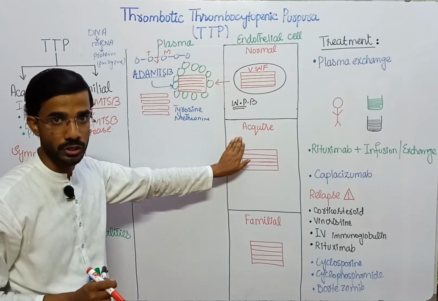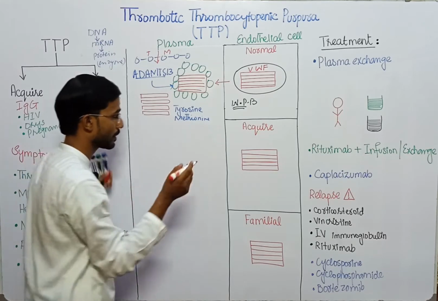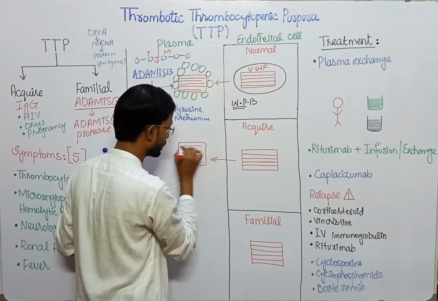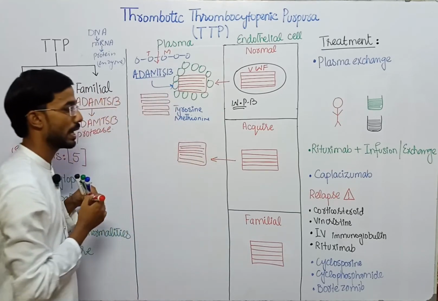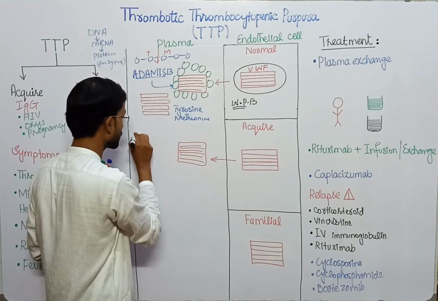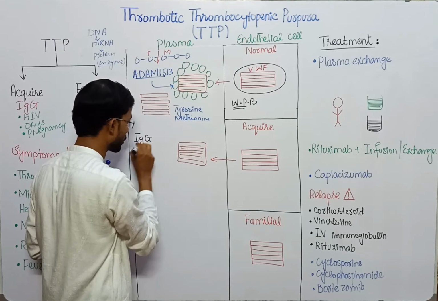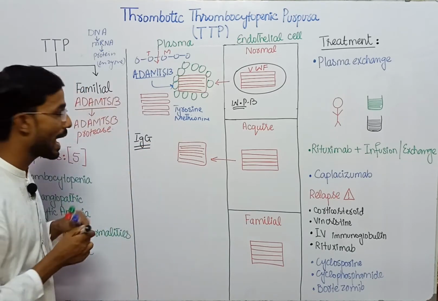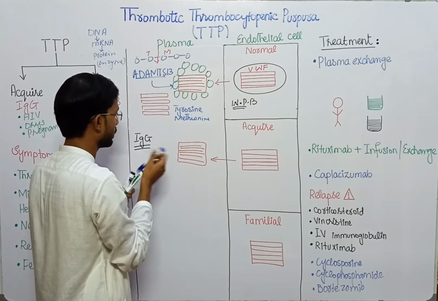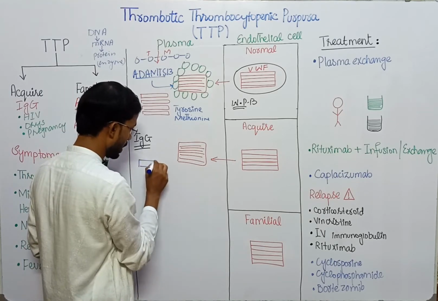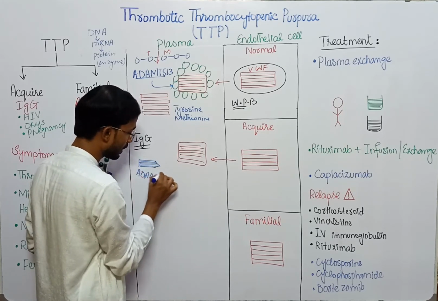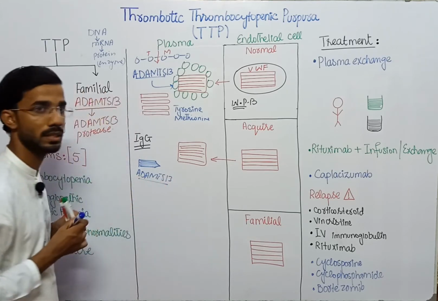in the acquired situation, when it is released from the endothelial cell, this is the multimeric form. An antibody forms in the body which is IgG in nature. Here you can see the ADAMTS13 enzyme.